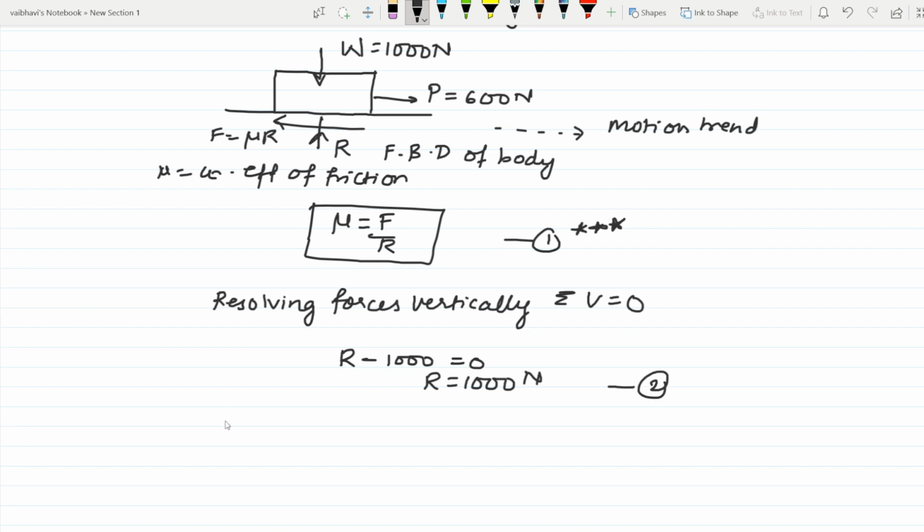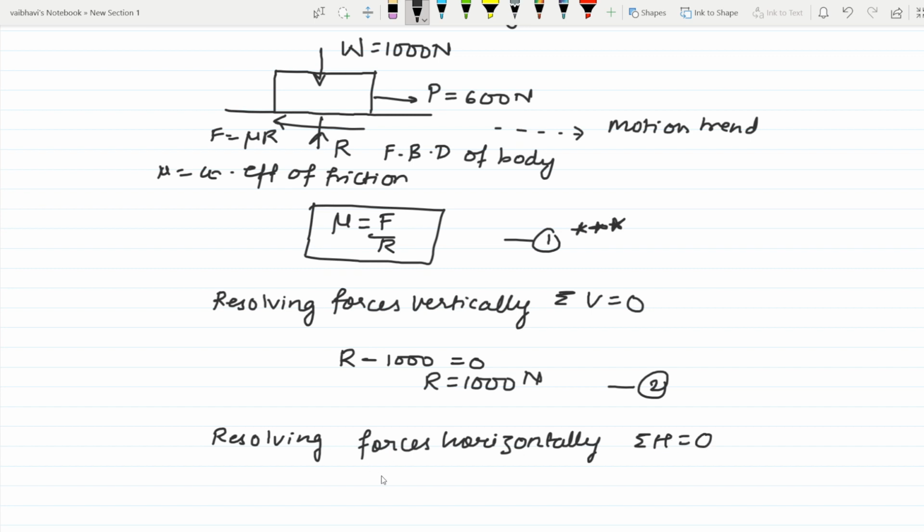Next, resolving forces horizontally, that is sigma H equal to 0.